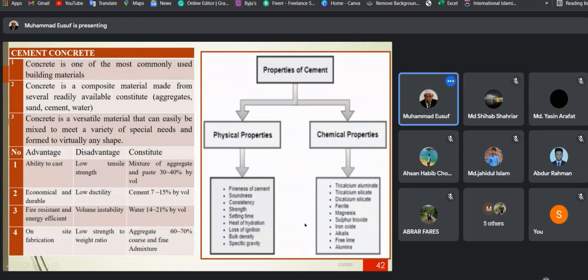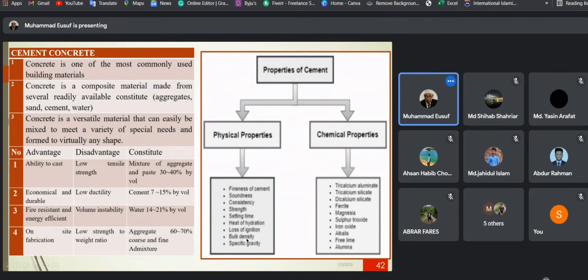These are the physical properties: fineness, soundness, consistency, strength, setting time, heat of hydration, loss of ignition, bulk density, specific gravity.